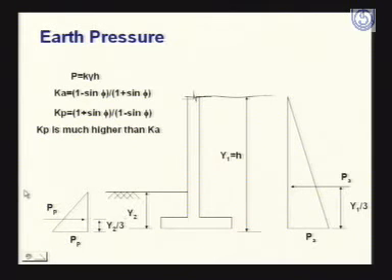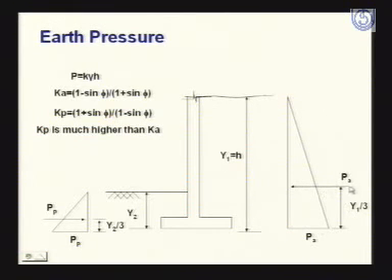And as you know from that hydrostatic pressure variation, the total force or the total pressure acts in the horizontal direction if this retained material is level, in horizontal position, to the top of the wall.